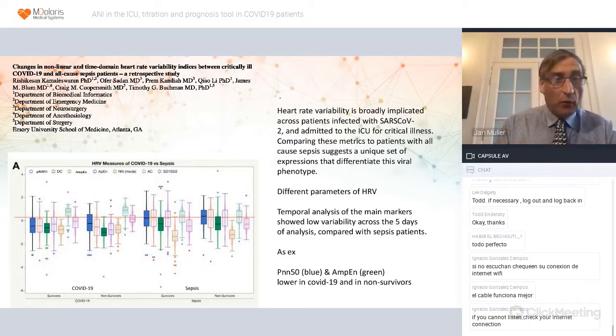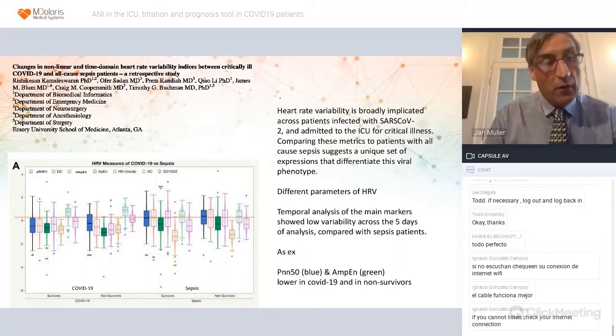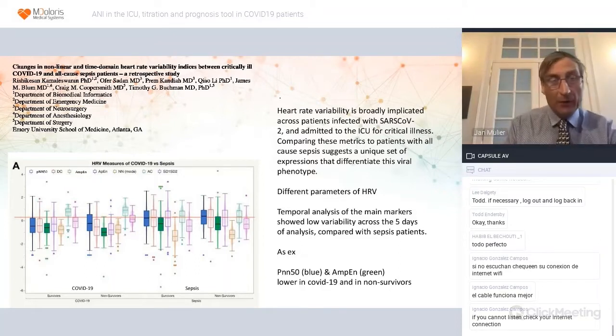And this is one of the first studies. We will come to others too, showing that if we measure different parameters here, these are all different parameters of heart rate variability, here in patients with COVID-19 pneumonia, survivors here, non-survivors here. And as you can see, some of these heart rate variability measurements indicate in the non-survivors a more dramatic inflammatory reaction.